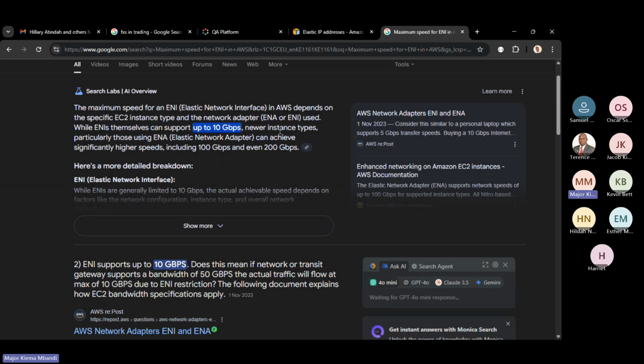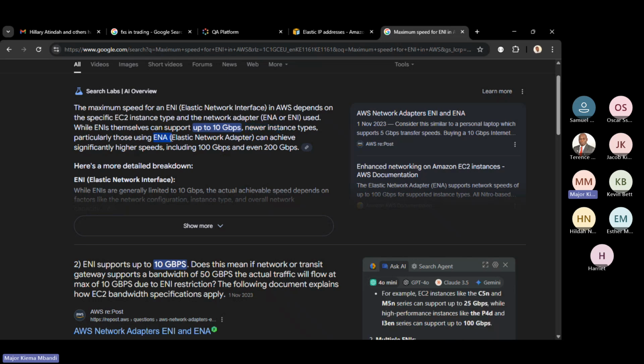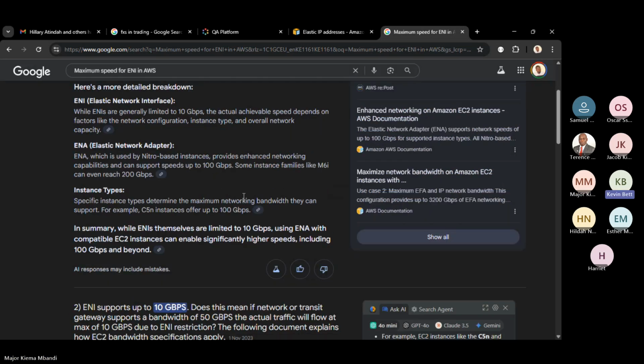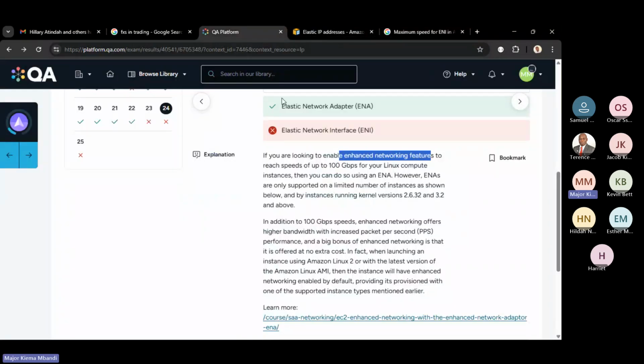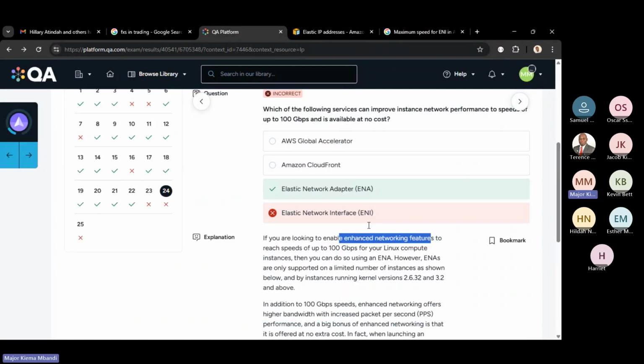And there you see even my summary says, particularly the Elastic Network Adapter: if you need more, you can achieve a significant speed, including 100 gigabytes, even up to 200 gigabytes per second using ENA. So it gives you 10 times more than the default Elastic Network Interface.